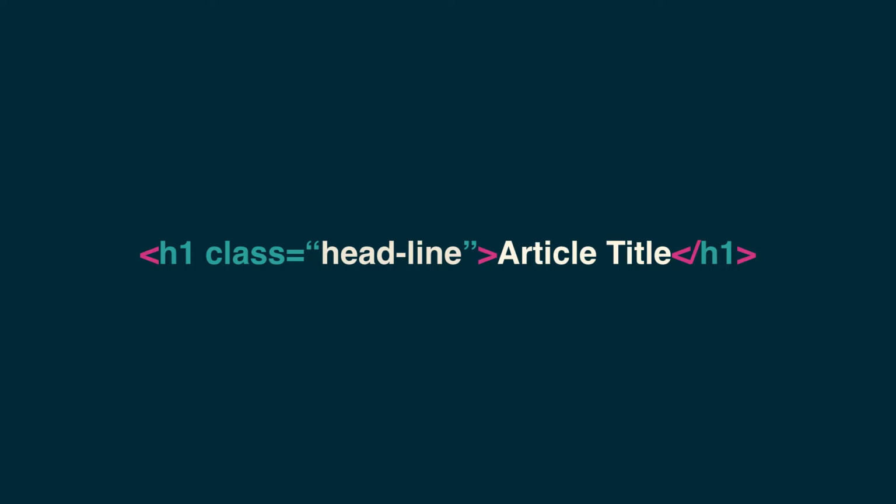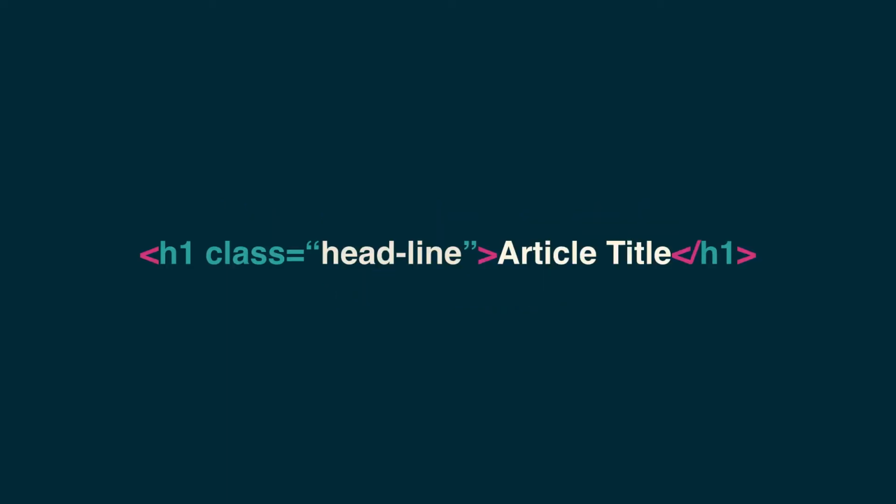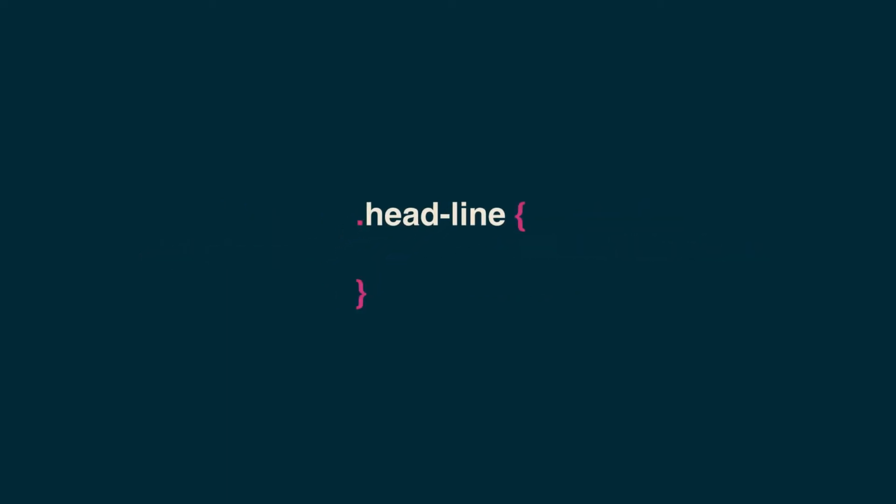Convention is that you break them with hyphens or dashes. But they can't have spaces because spaces would be two different classes. So the class name is headline. How would we style this class? Much like the other, we would just say period headline.